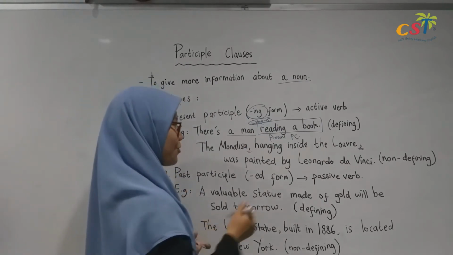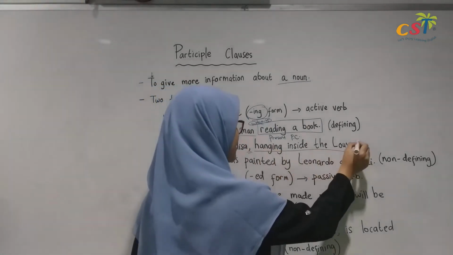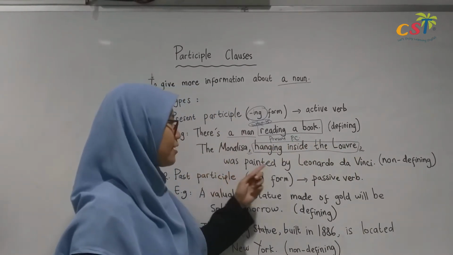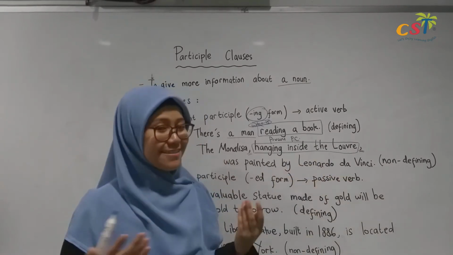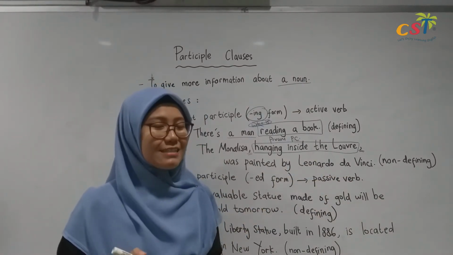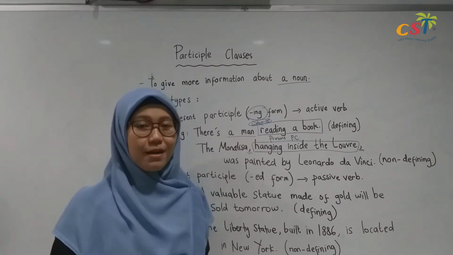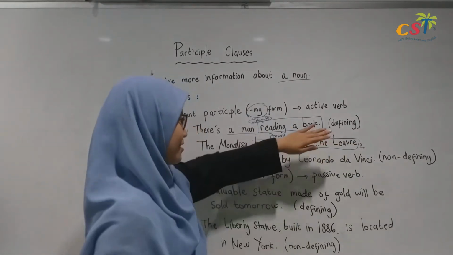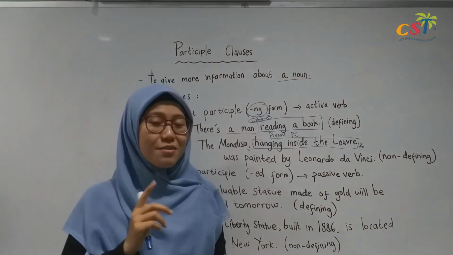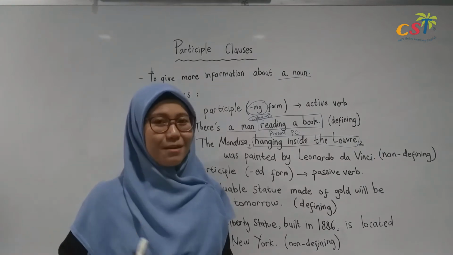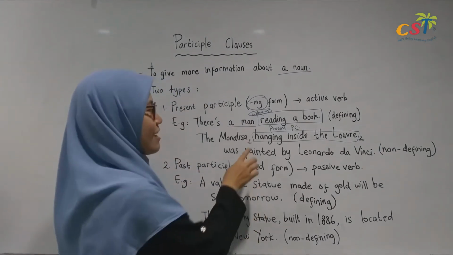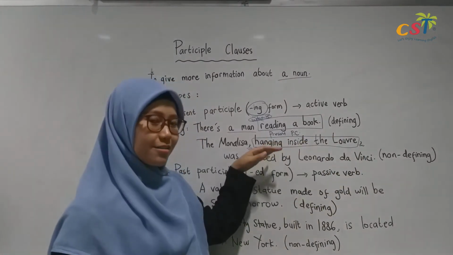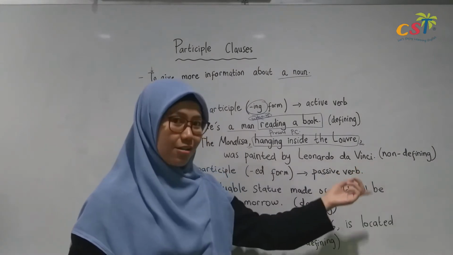Because if you erase this information, it becomes "the Mona Lisa was painted by Leonardo da Vinci." The information is still clear to be understood by the listener, even though we delete this clause, because there is only one Mona Lisa painting. That's why if there are commas, it's fine for you to delete the clause because it's a non-defining clause.